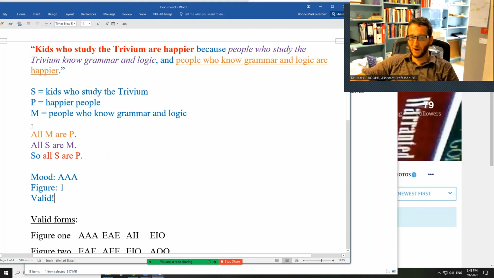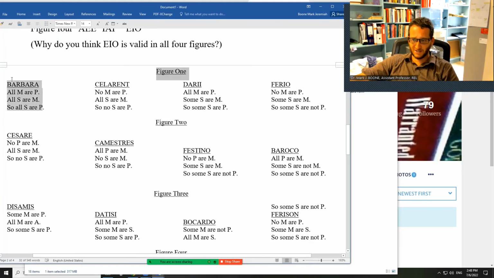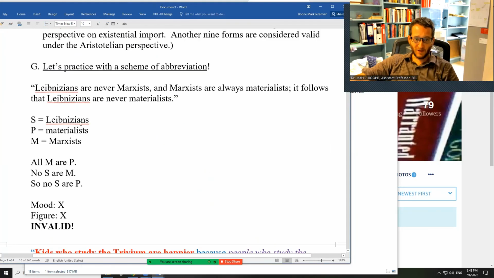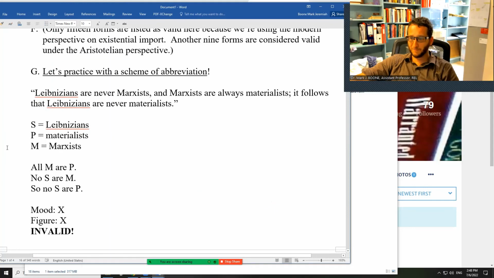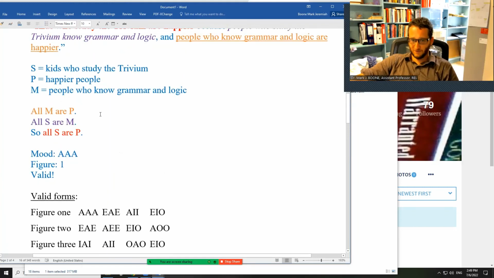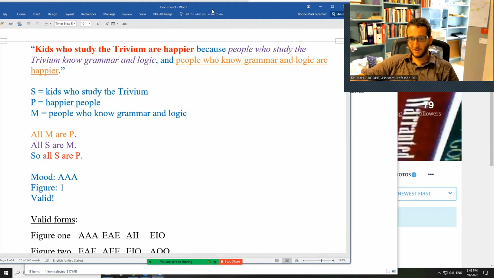Maybe your teacher wants you to name this and say it's a Barbara syllogism. Name the pattern. Maybe for the last one, invalid, your teacher wants you to say it doesn't have a Latin name or something like that. I don't know. I don't care. I'm giving you the simple way of doing it. And there's a very good chance it will be very similar to any instructions from your teacher if you're taking a class. But be careful, your teacher may have specific instructions.